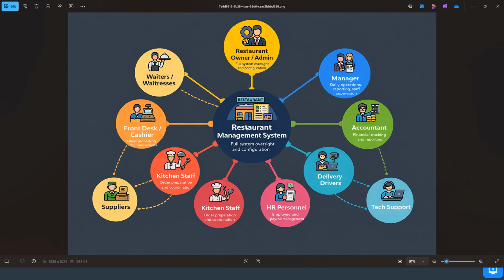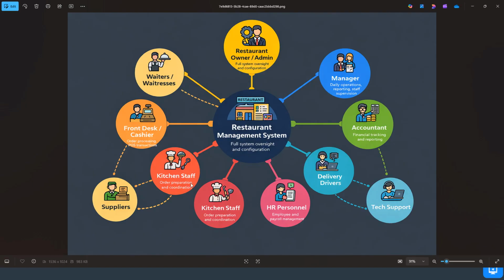Now, right below here, we have the kitchen staff and the HR personnel. First of all, talk about the kitchen staff. The kitchen staff are the ones who do the cooking, the cleaning, and prepare almost everything that is being sold at the restaurant.